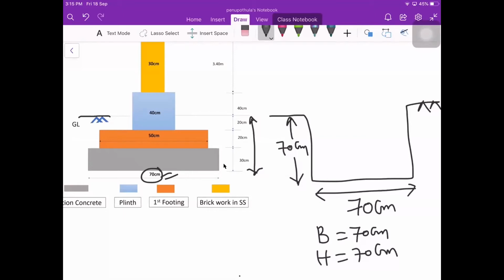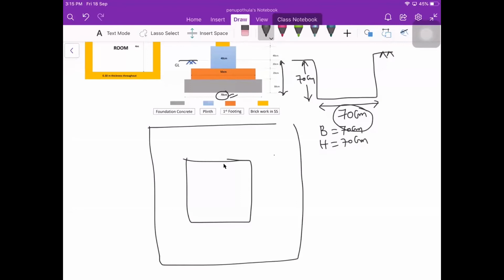The length is almost the same as that of the foundation concrete, because what is the width here? 70. So if you want me to consider the plan at 70 level, we will draw the plan. At this level, what is the width for earthwork excavation? It is the same, 70.